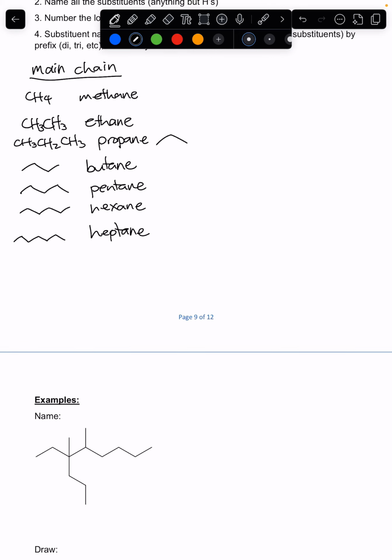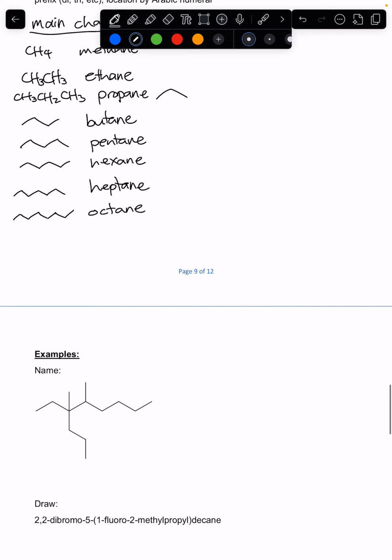But anyway, and then 1, 2, 3, 4, 5, 6, 7, 8. 8 would be octane. And for that matter, the month October was supposed to be the 8th month, but again, they added June and July or something in the middle, so that messed it up. It became the 10th month.